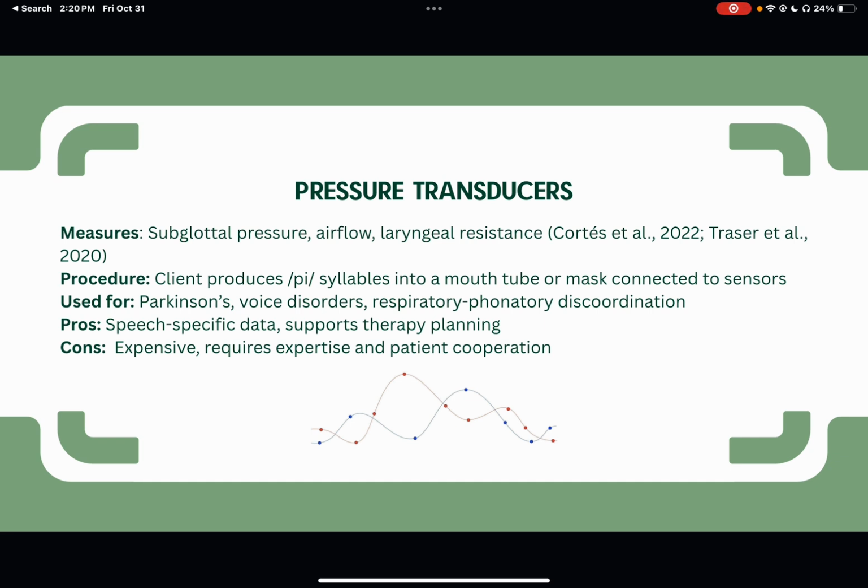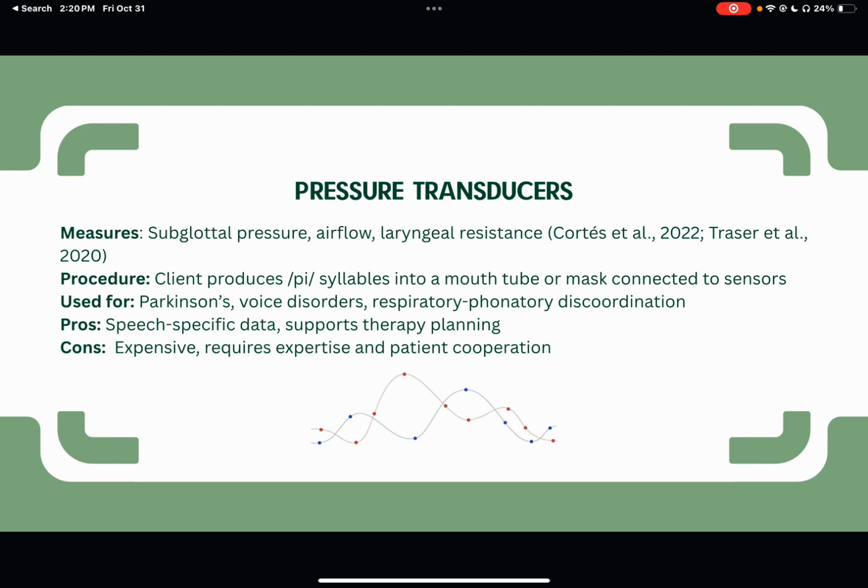This setup measures how much pressure builds up beneath the vocal folds and how that air is released during phonation. Pressure transducers are often used for clients that have Parkinson's disease, voice disorders, or respiratory phonatory discoordination, so basically anyone who struggles to coordinate breathing with voice.